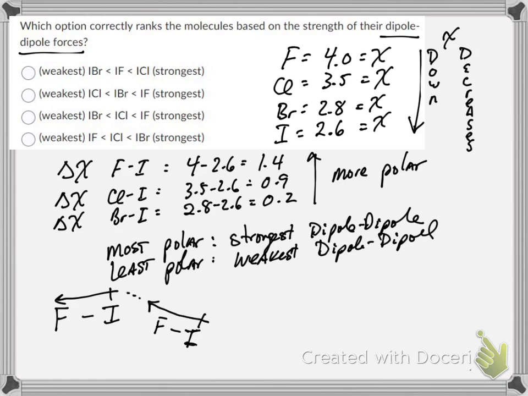The arrowhead, on the fluorine, the most electronegative, most stable element, is pointing at the iodine, the partial positive charge, least stable, biggest atom. Dipole-dipole. And we would pick C.